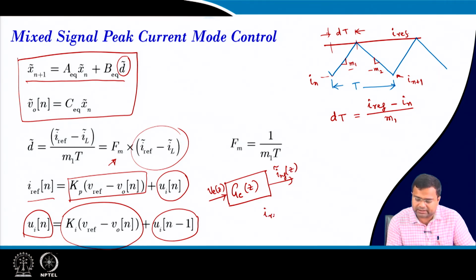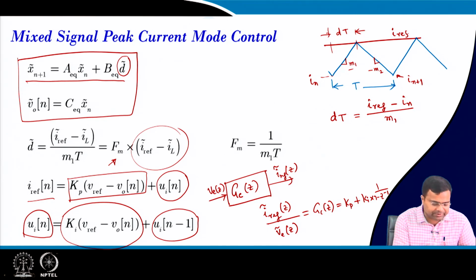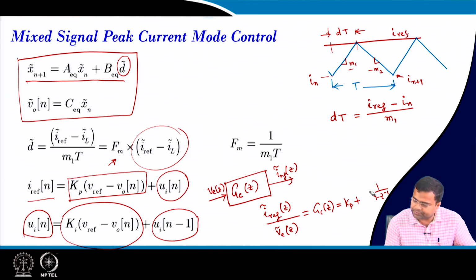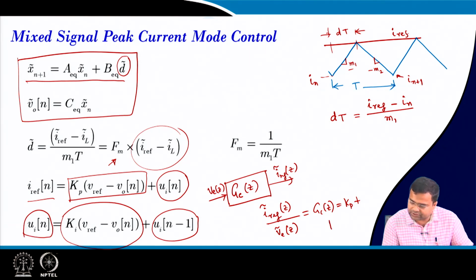And if we want to get the transfer function of this, that is I ref Z over the error voltage, which is nothing but our GC(Z). So it can be written as Kp plus Ki into 1 by 1 minus Z inverse. Okay. So if we write below to make it clear, it is Ki into 1 by 1 minus Z inverse. So this term will go here.